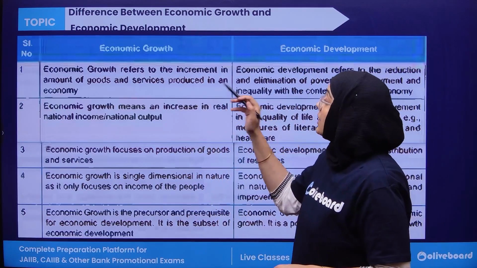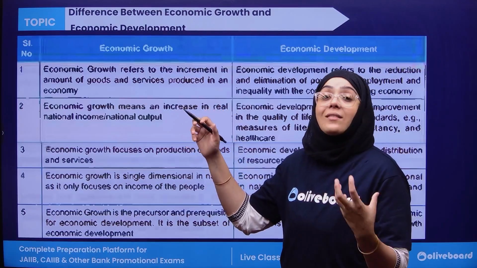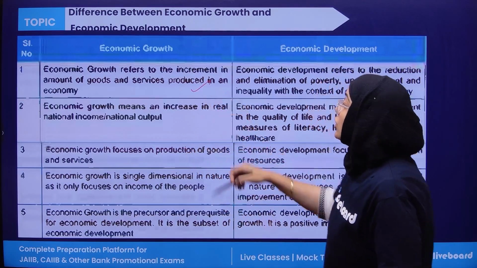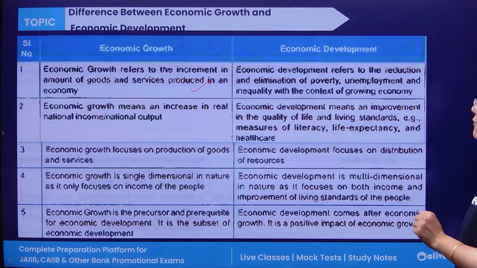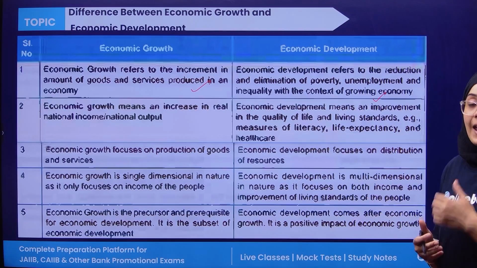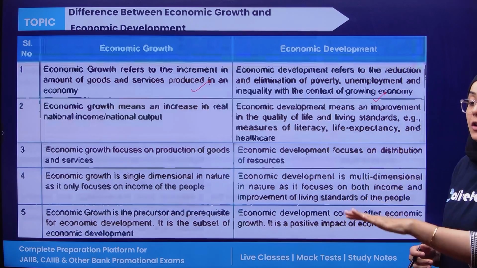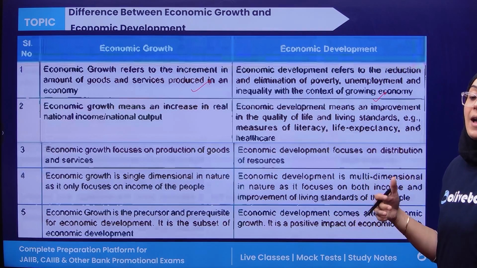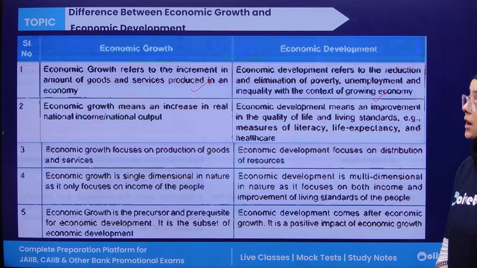So when you are just taking into consideration the amount of goods and services which increases, it is called growth. Whereas development means growing in terms of factors like reducing poverty, removing inequality, and reducing the unemployment of the country.